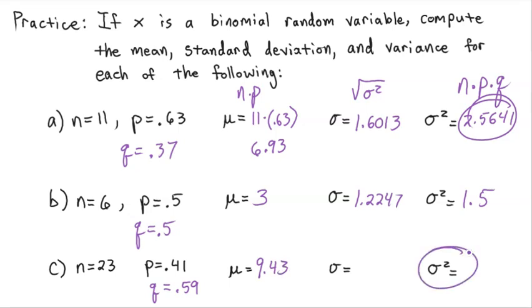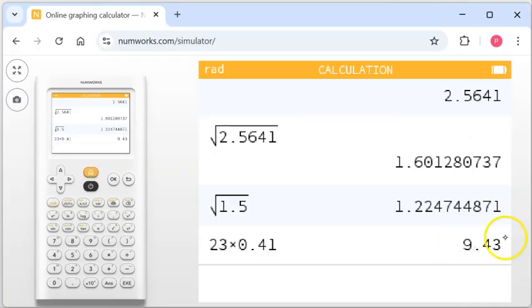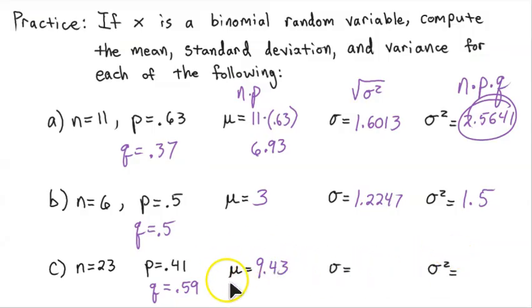And then the variance, again, is n times p, which is the mean, 9.43, times q. So we're going to do 9.43 times 0.59. Now, be careful about doing that, because if you had to round the mean, then you should not just use this rounded number. You need to use the original numbers.